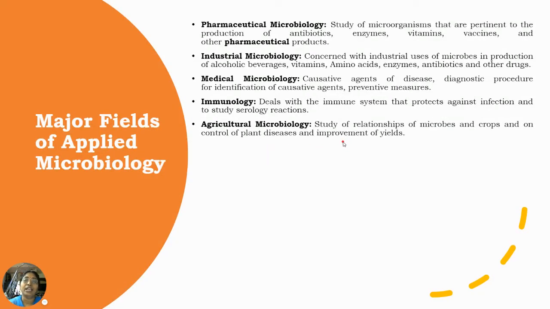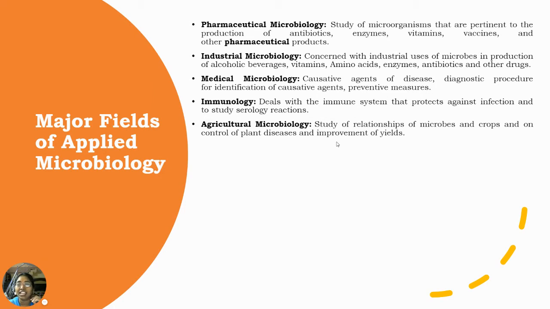By applying microbiology, we can study what type of diseases the plants are getting and what the relation is between the plants and the microbes. If these microbes attack, what type of diseases do the plants get, how can we control those plant diseases, and how can we improve the plant yield by using microorganisms. To some extent, we are using microorganisms even at school level.